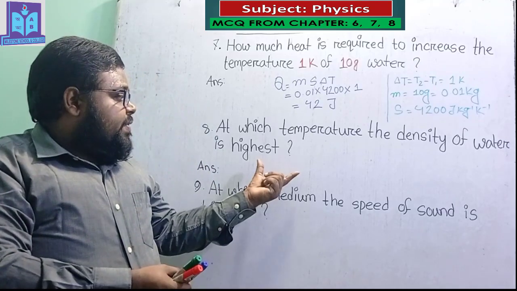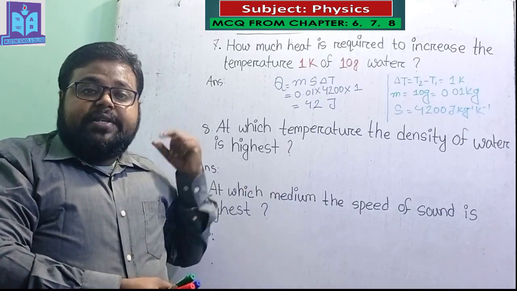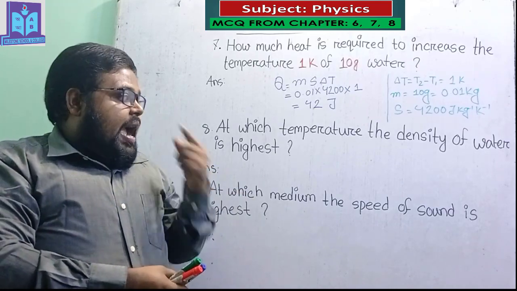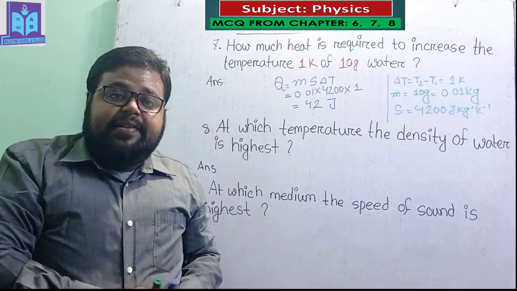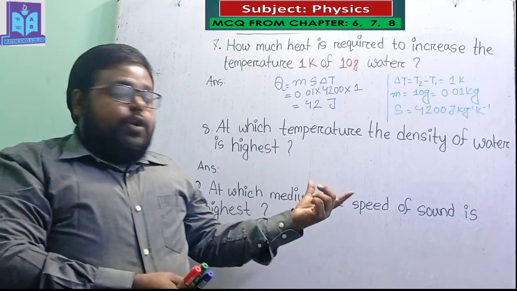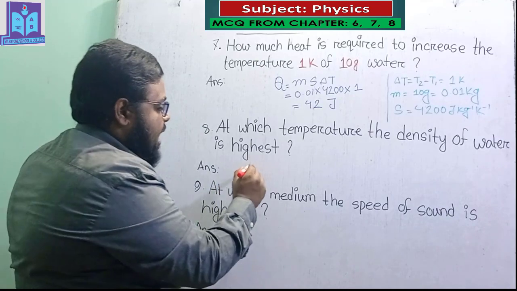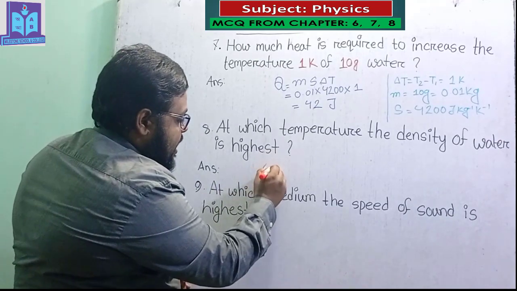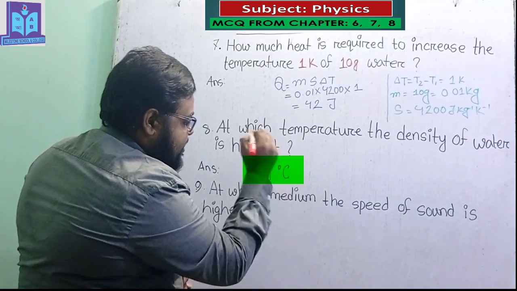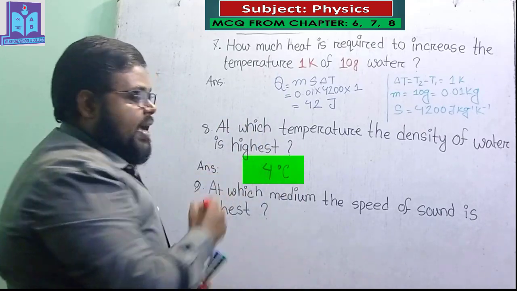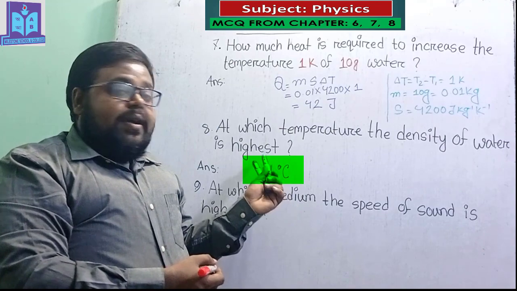But that is different for water. If the temperature is 4 degrees Celsius, then the density of water will be highest. That means at 4 degrees Celsius the density of water will be highest.